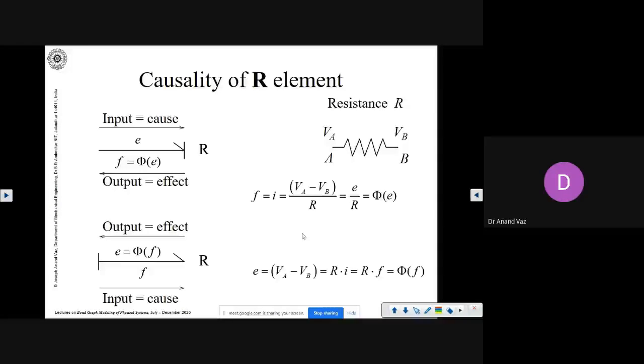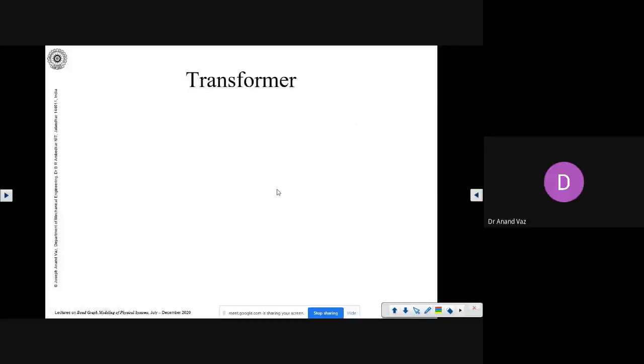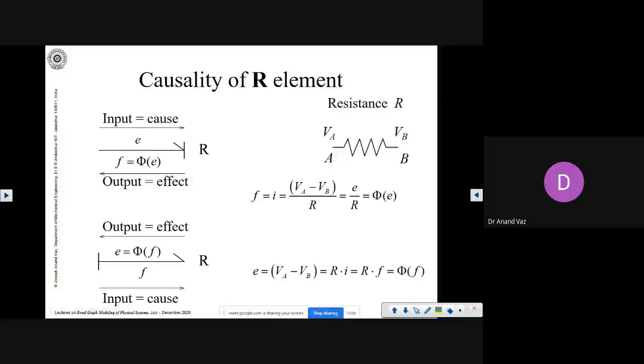It can happen in pneumatics and several other areas. Maybe in a later discussion I'll explain this aspect to you, or possibly I could also explain it today. Before we proceed to the transformer, I think we can have a discussion on this aspect.